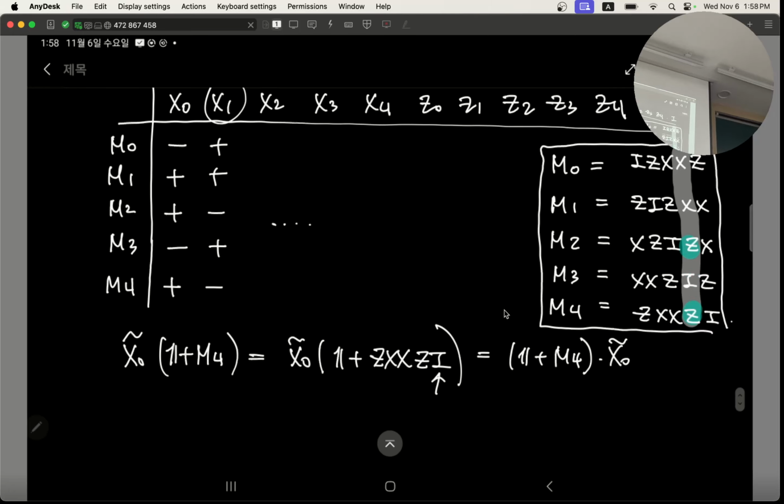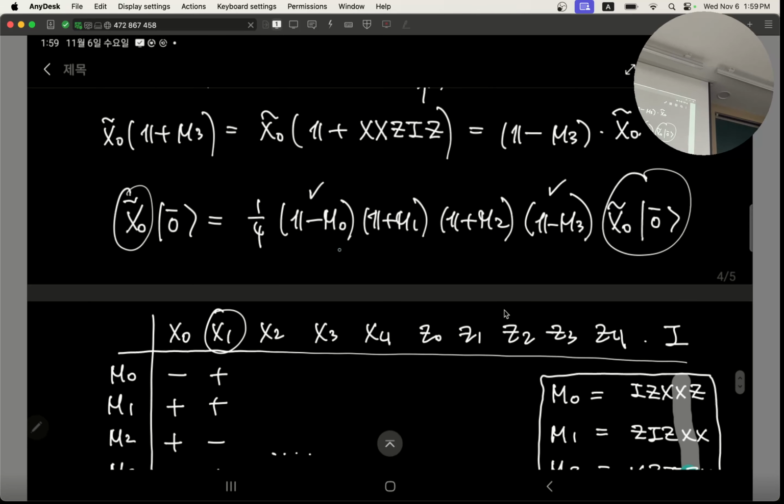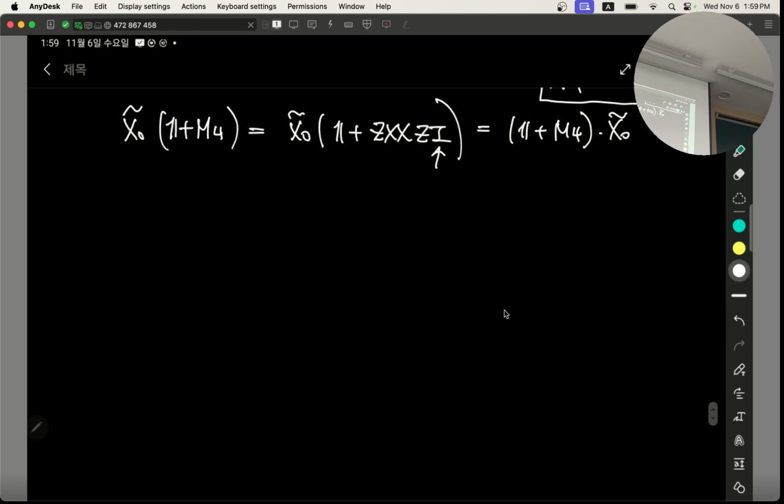Okay, so why are we doing this? Think about this. When I have any 5-qubit quantum state psi, and I apply 1 minus mi, not 1 plus mi, then let's apply mi onto this quantum state.